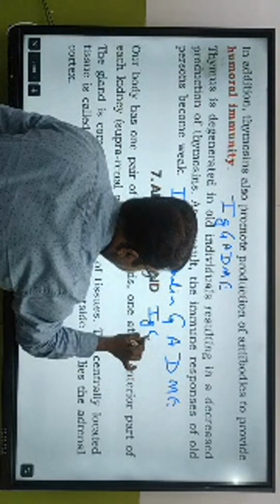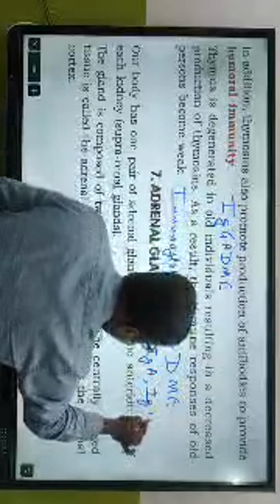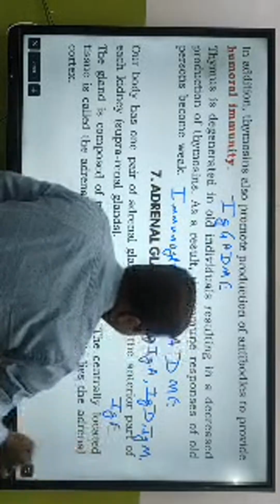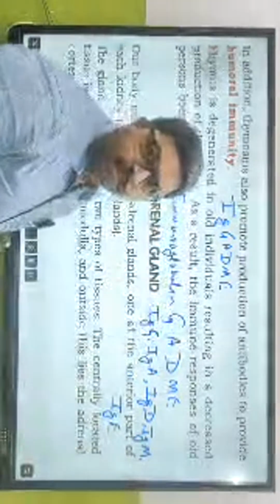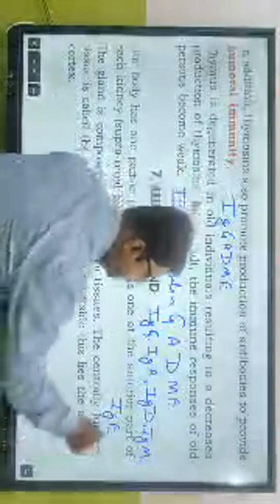G-A-D-M-E. So there are 5 different types: IgG, then IgA, IgD, IgM, and IgE. Out of these 5, which one is pentameric? IgM is pentameric.